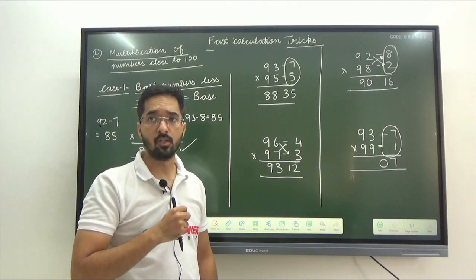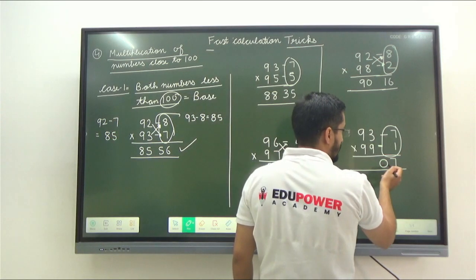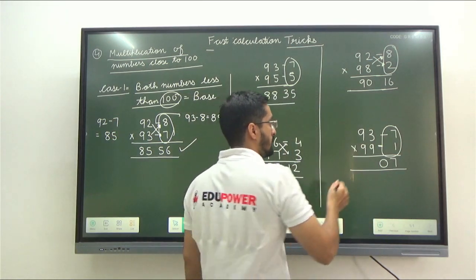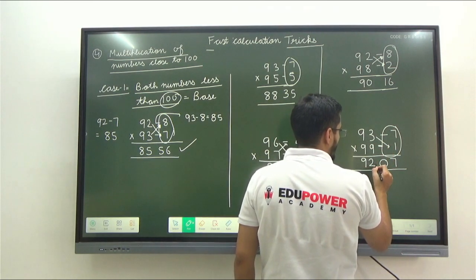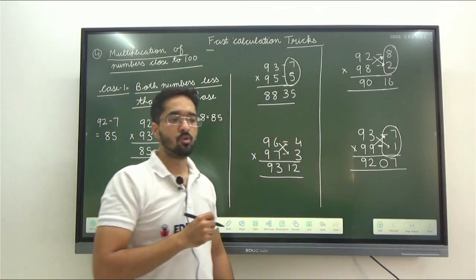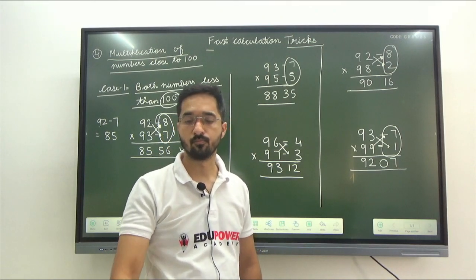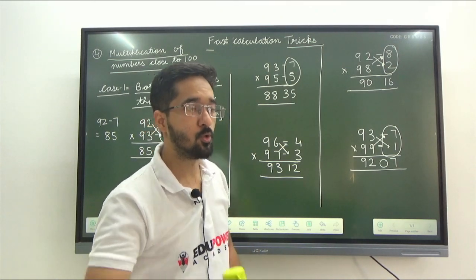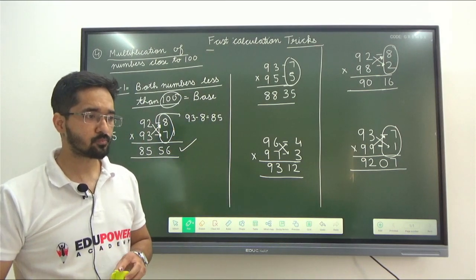So the answer will be 07 and not 7. Next, 93 minus 1 is 92, or 99 minus 7 is again 92. So the answer is 9207.